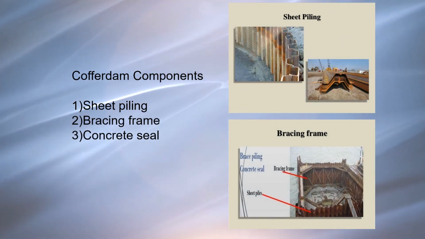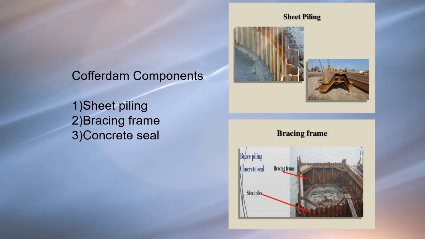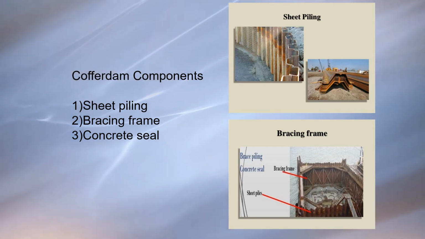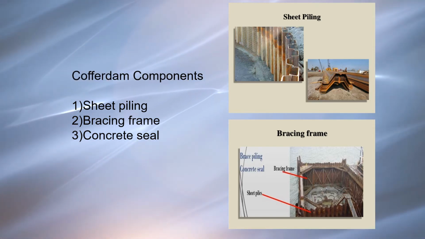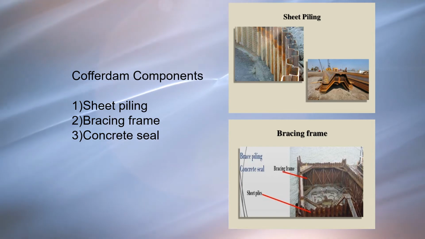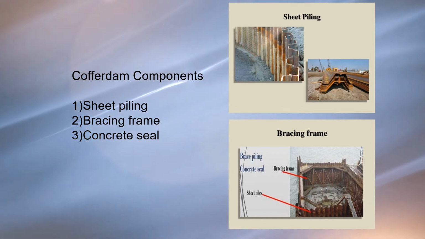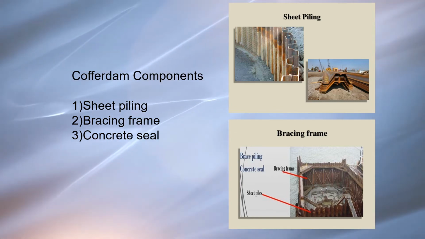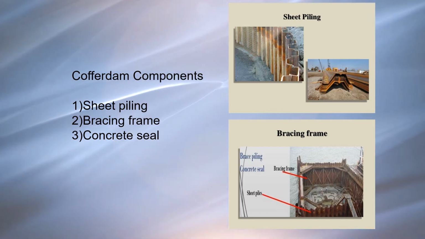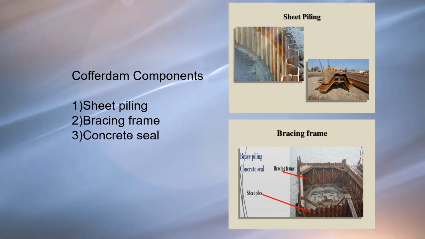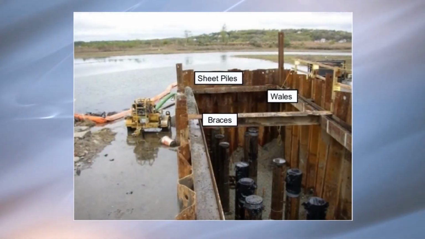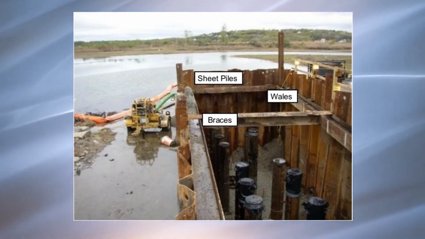Basically, a cofferdam has several components such as number 1, sheet piling, number 2, bracing frame, number 3, concrete seal, and number 4, bearing piles. Number 1, sheet piling.